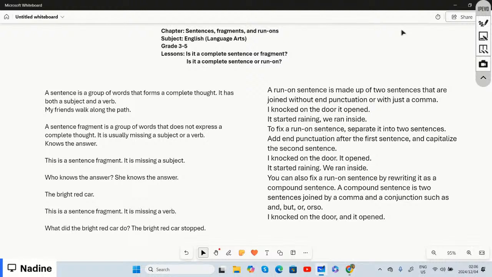Our subject is English Language Arts. We're doing grade 3 to 5.